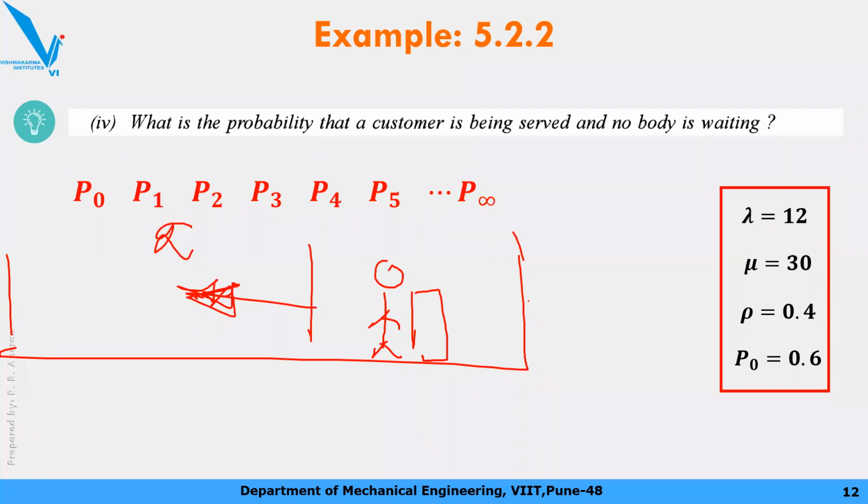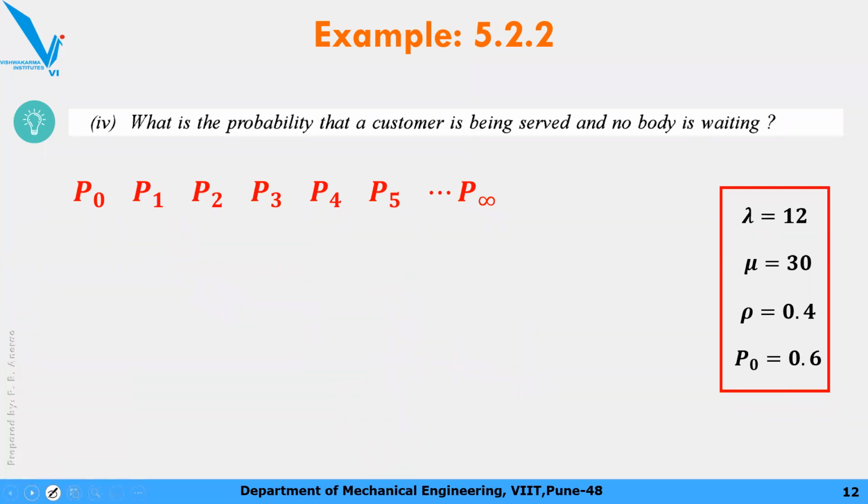So that means in the system how many customers are present? Only one. So that means we need to calculate probability of exactly one customer in the system. Okay, so P1 you need to calculate. Now P1, you know, rho into P0, and P1 is equal to 0.24. So that's it.